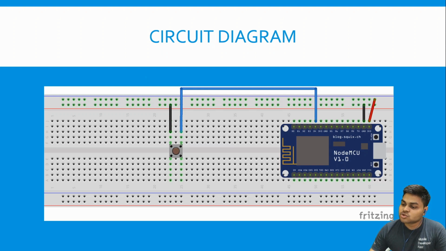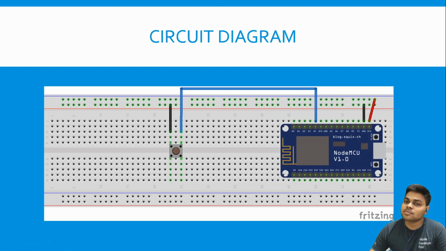And the circuit diagram is quite simple, in which we can see here this push button, one end is connected to the pin D4, and the second end of this push button is connected to the ground rail. Fine. So as we click this push button, it is basically connected in pull-up mode. So we will use this pin D4 in pull-up mode, so that when we click this button, the ground will be connected to pin D4, and we can trigger our service, or basically we can trigger anything as we detect a low signal on pin D4.